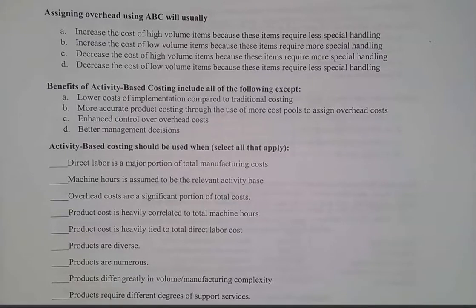All right, let's take a look at some more concept questions related to activity-based costing. We're right up here at the top of the page. It says, assigning overhead using ABC will usually, and then we have, increase the cost of high volume items because these items require less special handling.